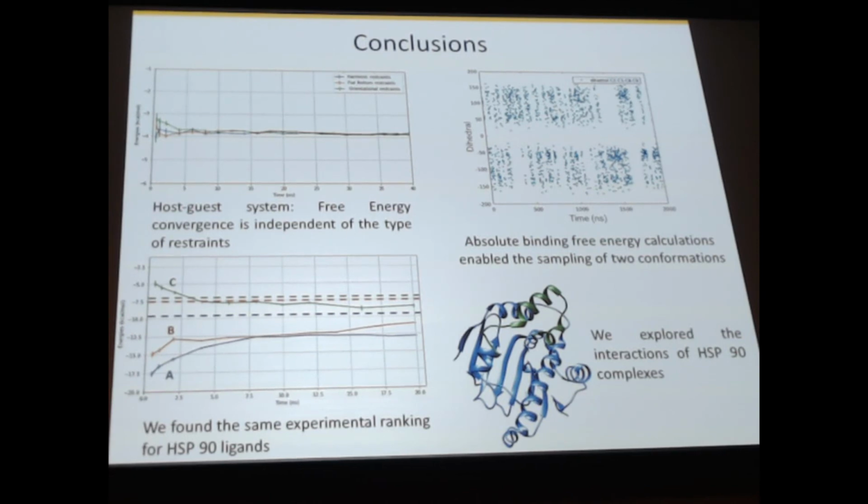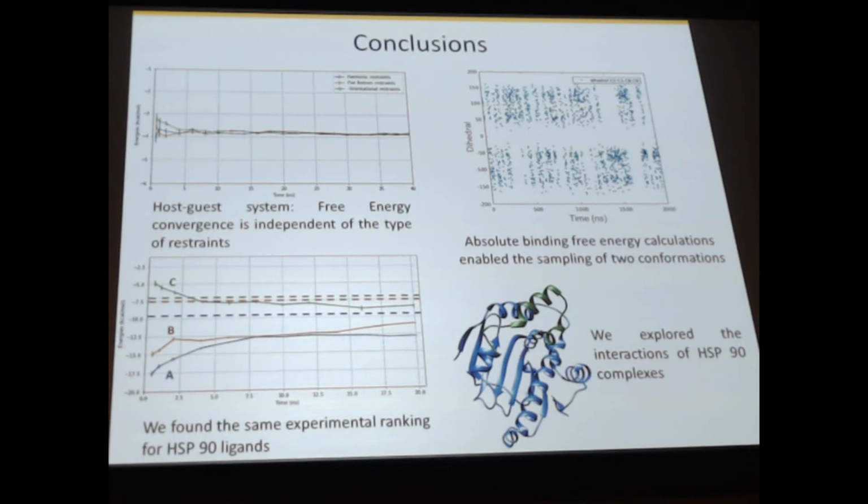For the protein-ligand system, we found the same experimental ranking for HSP90 ligands, and the difference between our experimental values and our computed binding free energy may be due to the parameters of the force field. We were able to sample during our simulation the two conformations of one of the compounds we are studying, and to explore the interactions of these compounds with the HSP90 ATP binding site.